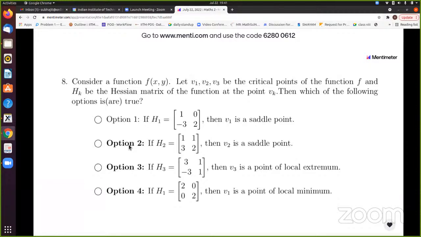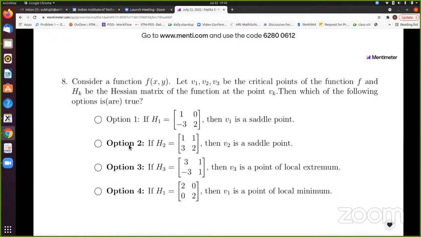Now for this thing. So 3 points are given, V1, V2 and V3, critical points suppose. And for V1, H1 is the Hessian matrix, for V2, H2 is the Hessian matrix, and for V3, H3 is the Hessian matrix. Now, checking this condition, which of the following are true?